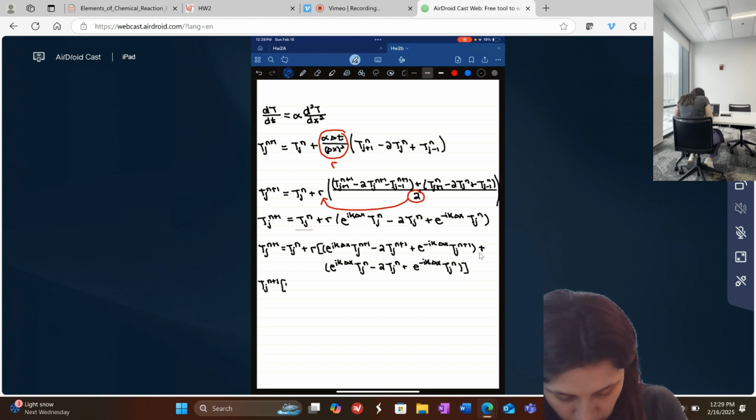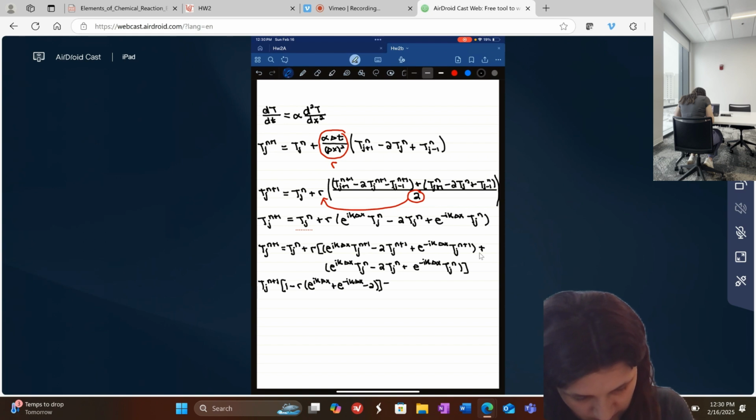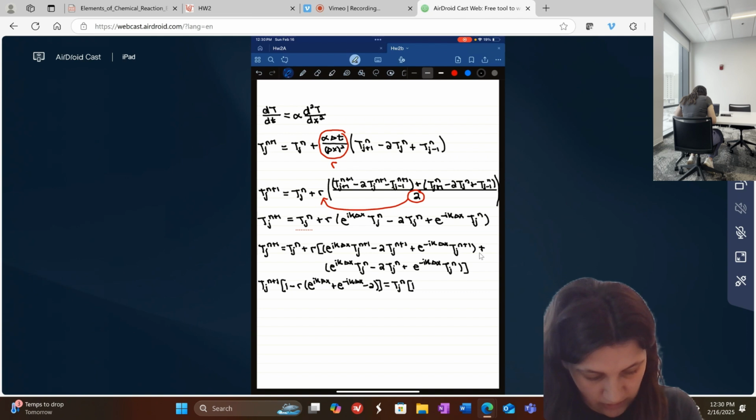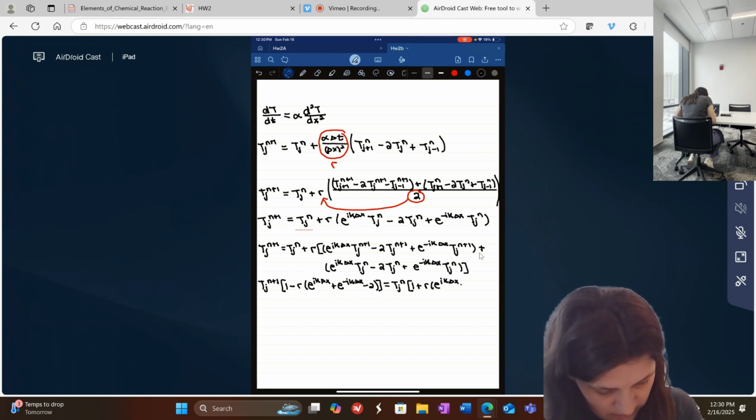We end up with Tj n+1 times 1 minus r times e^(ikΔx) plus e^(-ikΔx) minus 2, is equal to Tj n. If we do the same thing on this side, we end up with 1 plus r times e^(ikΔx) plus e^(-ikΔx) minus 2.